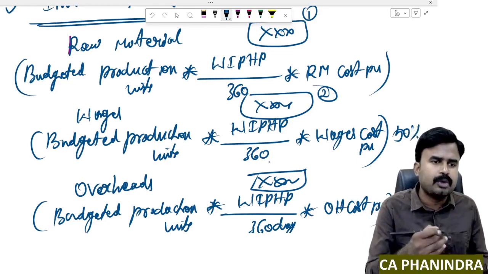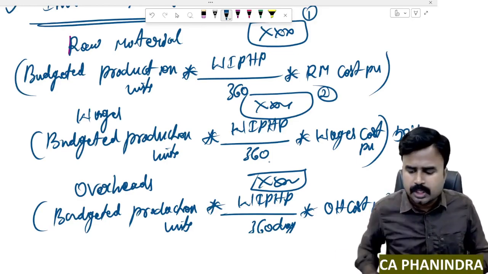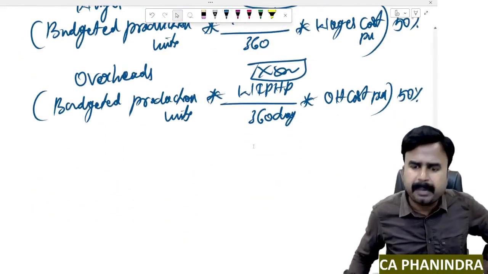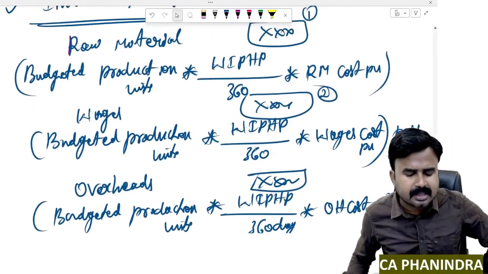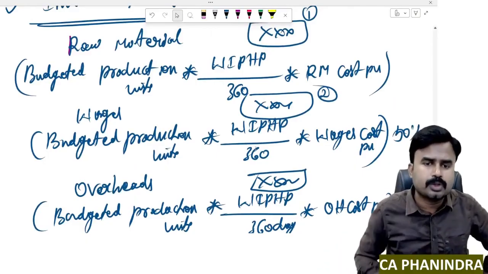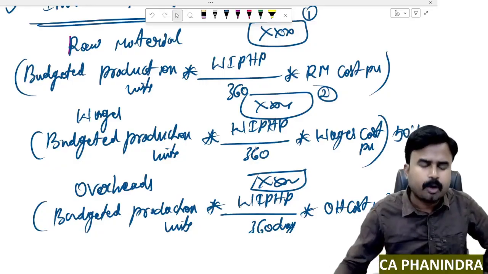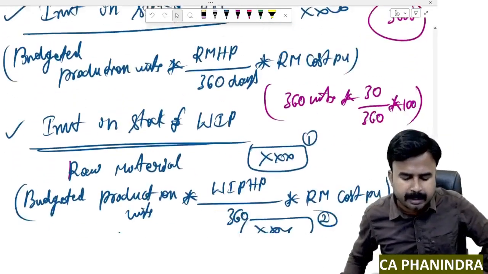Conversion cost means wages and overheads costs are the conversion expenses which will convert raw material into finished goods. So for conversion cost, they'll give you the percentages. Such percentages must be considered. Sometimes the percentage of completion can be given even for raw material. So in that case, you should apply percentage of completion even for raw material. Accordingly, you have to calculate investment in stock of work in progress.